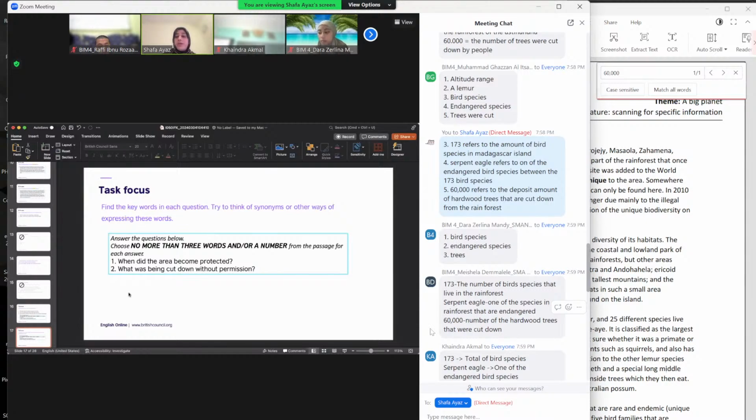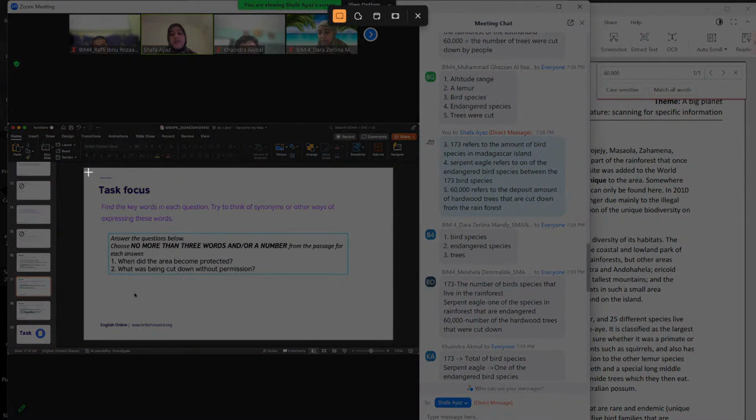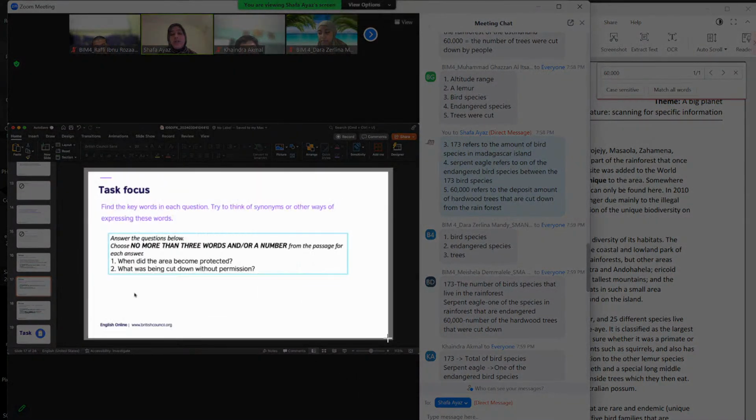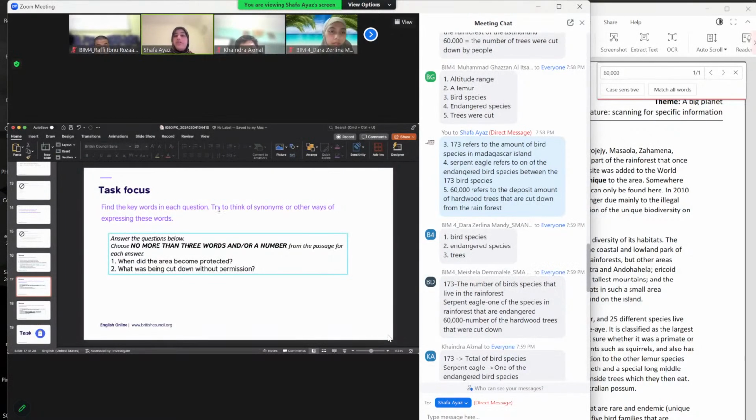Okay, now we have a task. So find the keywords in each question. Try to find synonyms or other ways of expressing these words. So you have 2 questions on your screen. You need to find synonyms of the keywords.